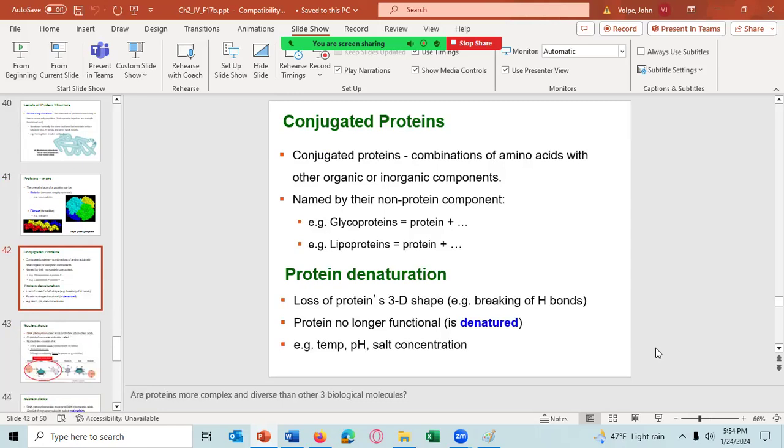Proteins can be conjugated to other molecules. A combination of amino acids with either organic or inorganic components, we call conjugated proteins.